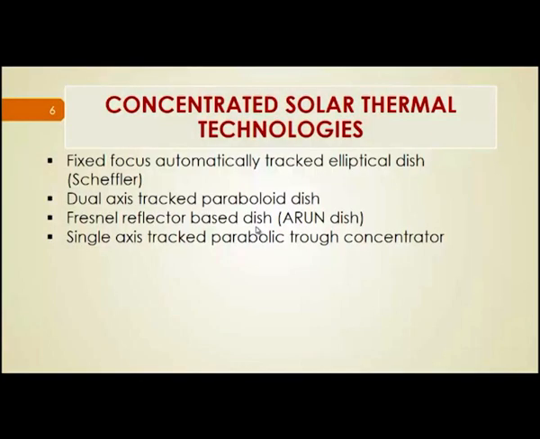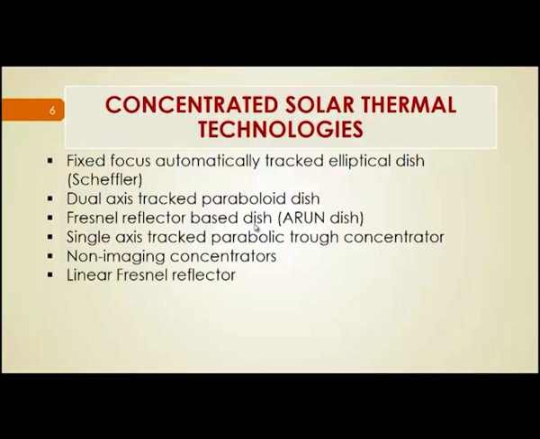Dual axis means the concentrator can be tracked in both x and y directions. In case of single axis, it is tracked only in one direction. Or we can have non-imaging concentrators and linear Fresnel reflectors. These are the different reflectors used in concentrated solar thermal technologies.